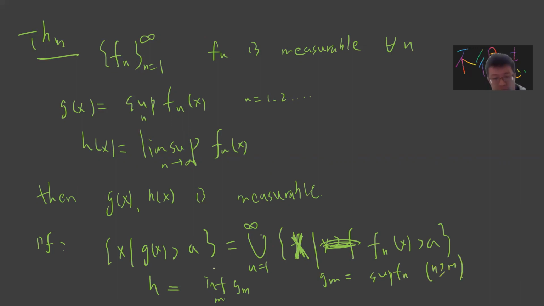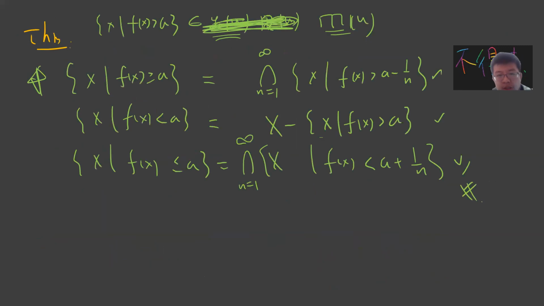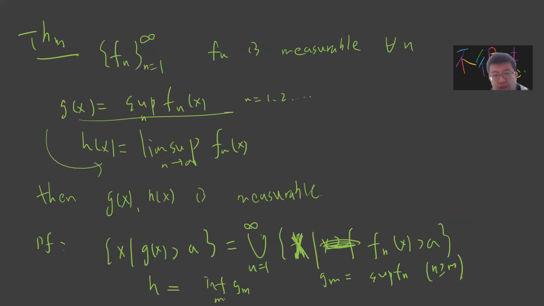So basically, if you prove the first one, the second one directly follows. You see, measurable functions have very good properties: the absolute value and the convergence property are measurable. So measurable functions are more powerful than continuous ones.